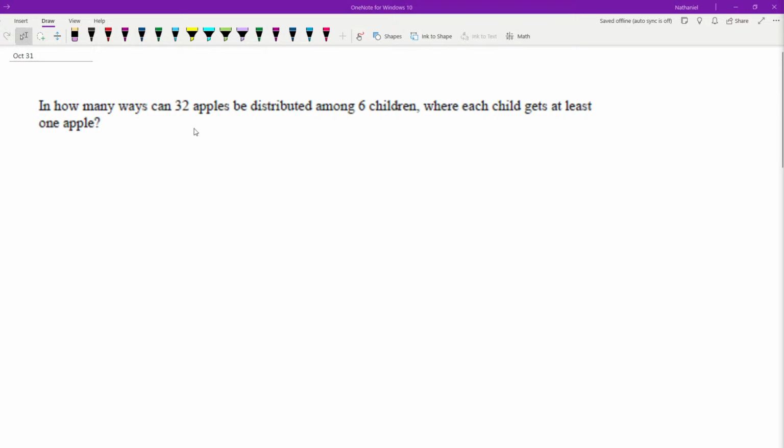So these are non-distinct, right? Non-distinct means the same. You're not going to be able to tell the difference between each apple. So it's not 32 different apples where one has a different mark. One's green, one's blue. Be distributed among 6 children.